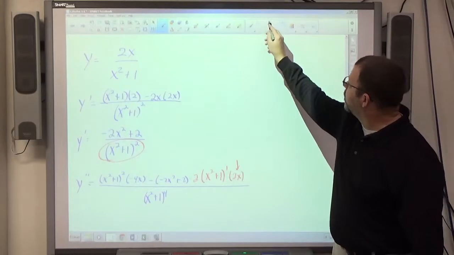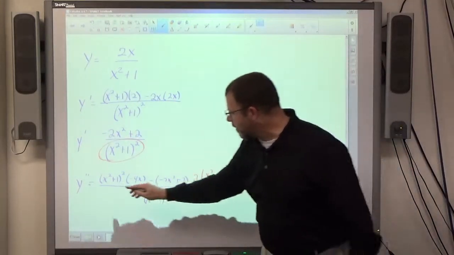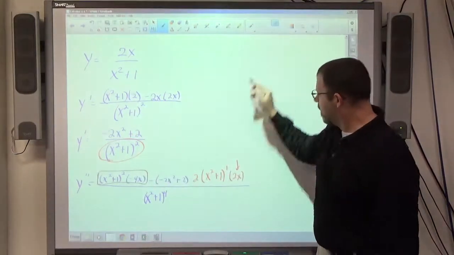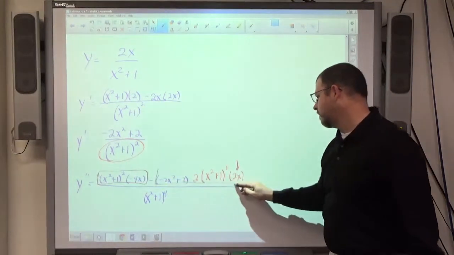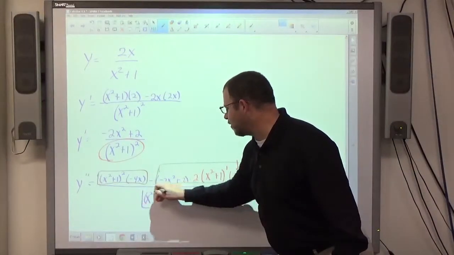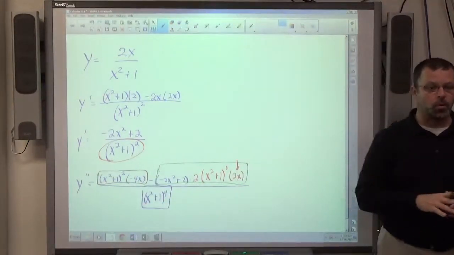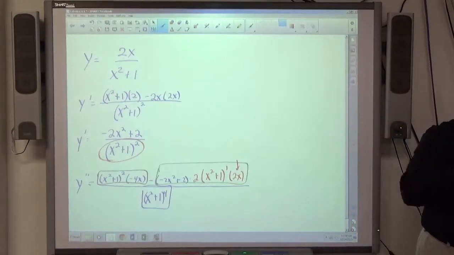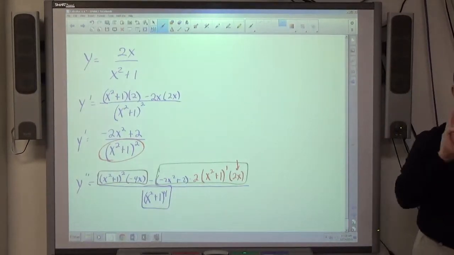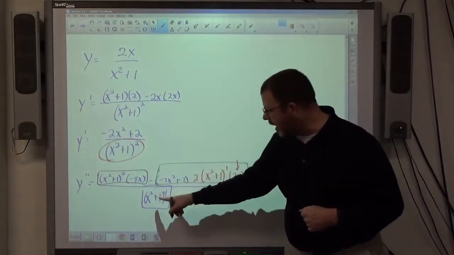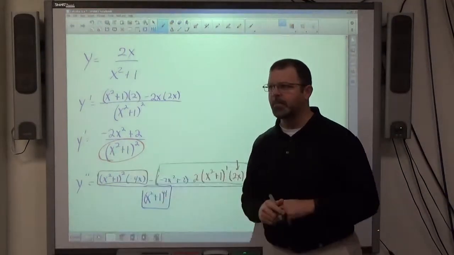If you look at the object that we have here, this product is a term. This product is a second term, and this is a third term. There's 3 terms created by the quotient rule. Low d high is term 1, minus high d low is term 2, over the square of what's below, that's term 3. Always 3 terms. Look at the 3 terms and notice that they can all contain x squared plus 1 to a power, right?